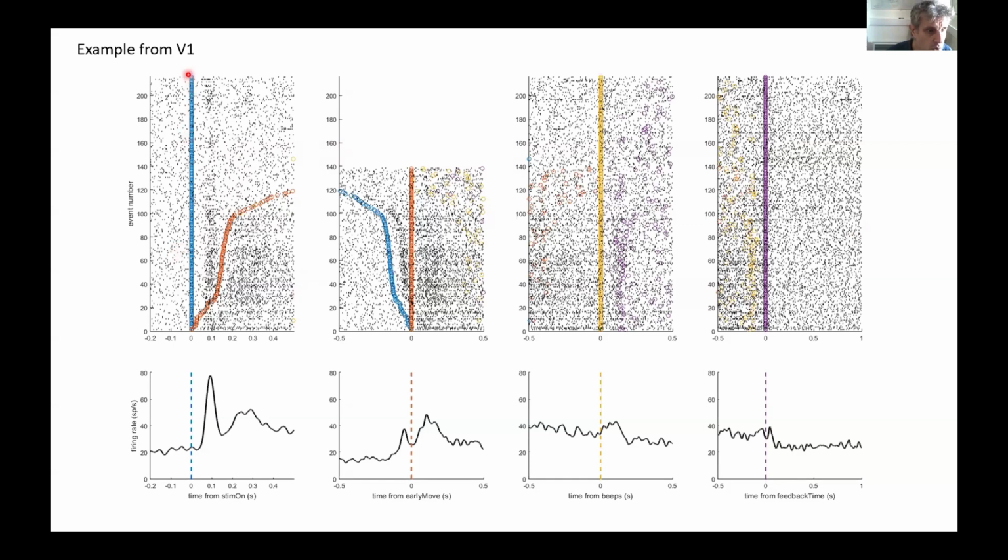The blue dot represents the time that the stimulus came on the screen. The red dot represents the time that the mouse made a movement. So in this plot, the raster is aligned to the time that the stimulus came on the screen, but the rows are sorted by the time of the movement, right?